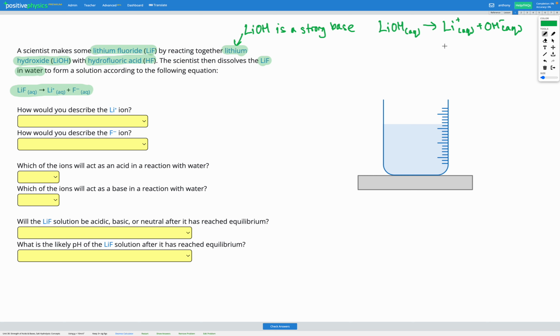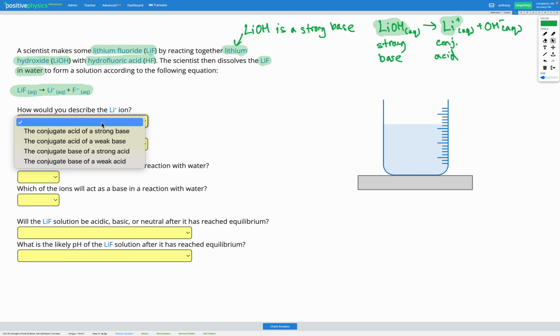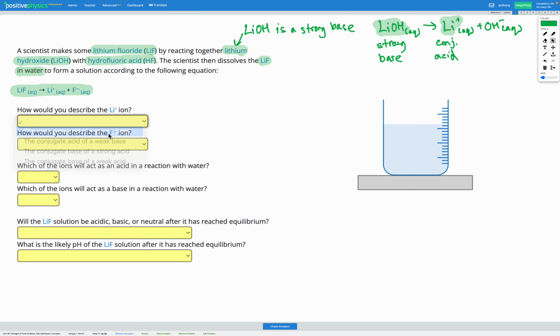And LiOH here is our strong base. Li+ is therefore going to be our conjugate acid of our strong base. So let's fill that in here. We have the conjugate acid of a strong base. That's our Li+ ion.